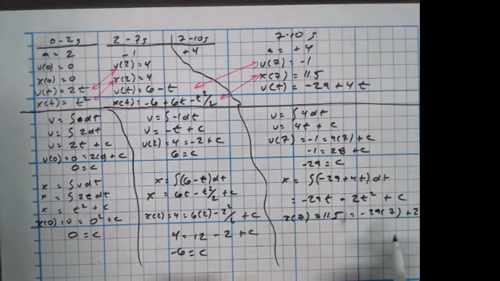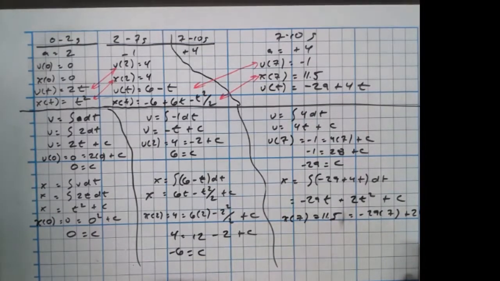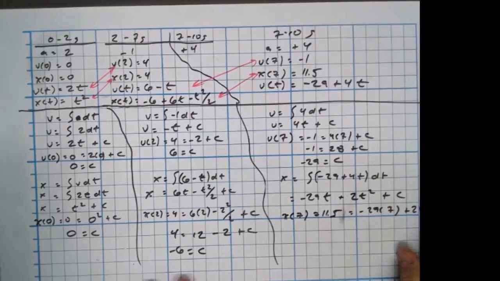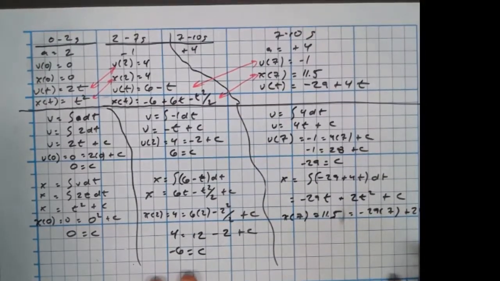You rearrange all that, and then the c ends up being, let's see, I ran out of space there. The c ends up being 116.5.